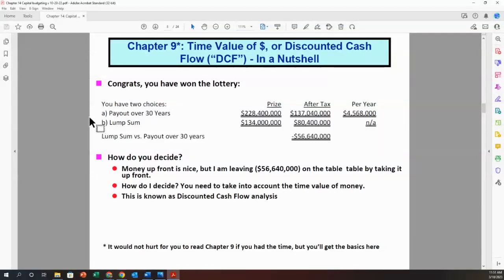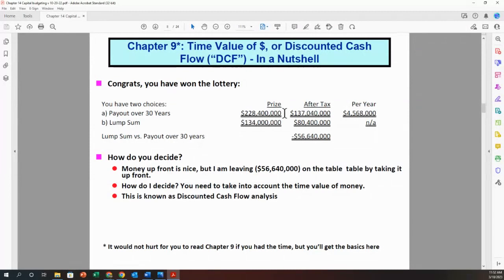So you have a chance, and all the lotteries give you the chance. You can take $228 million, and these are actual numbers from a lottery website. You can take that over 30 years, which would be 4.568 million per year.